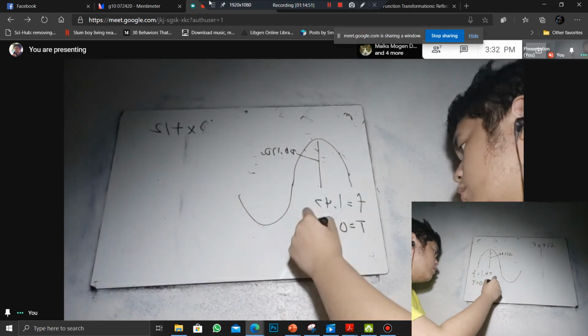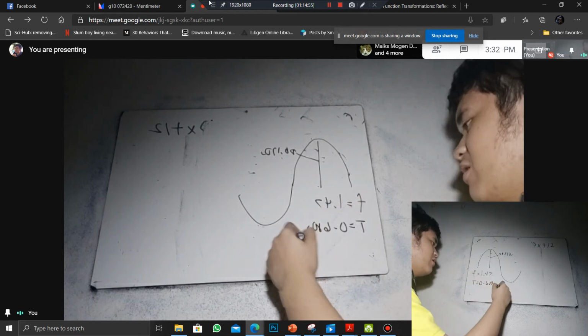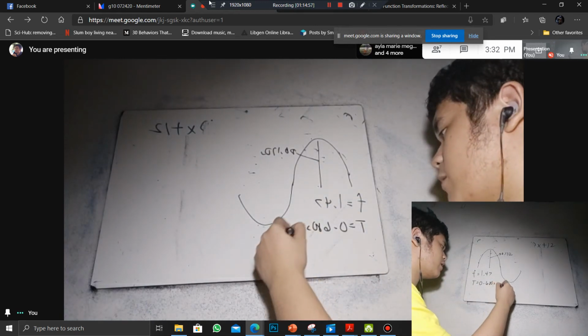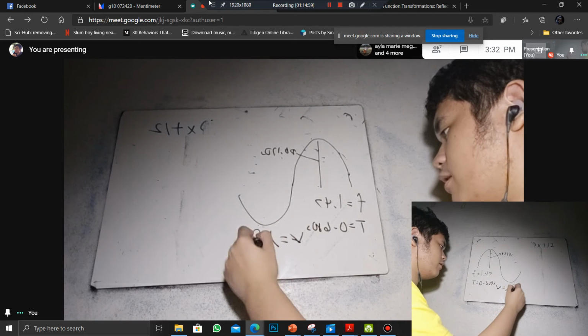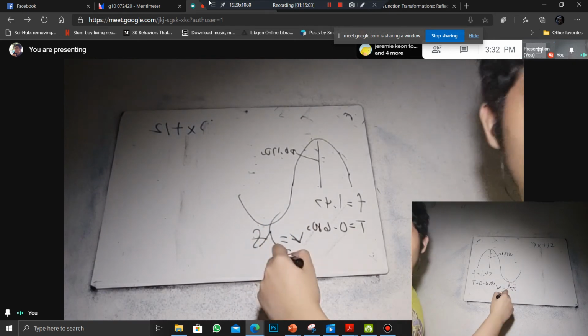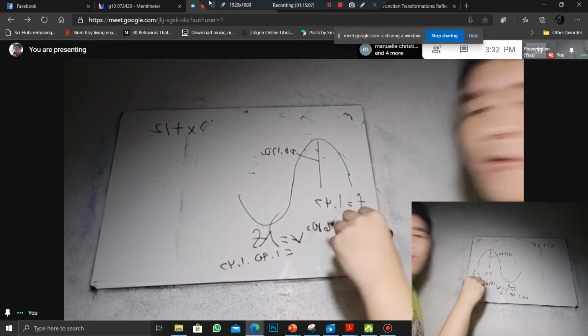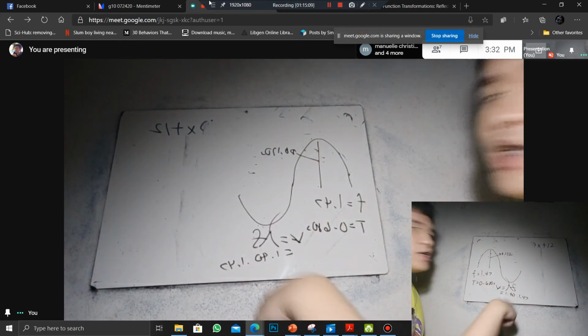Next, if the wavelength is 1.40, what is the wave speed? V equals lambda F. 1.40 times frequency 1.47, we will get 2.06 meters per second.